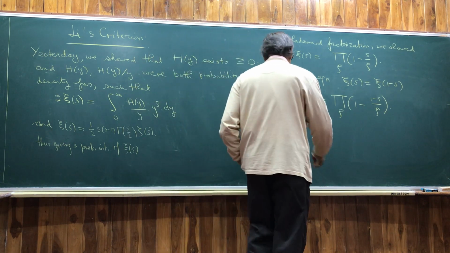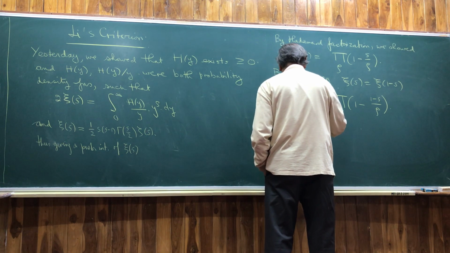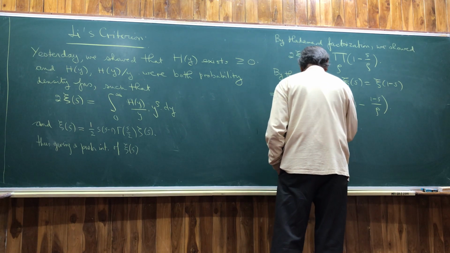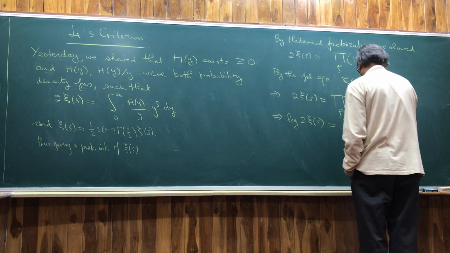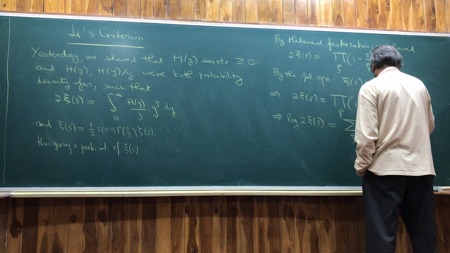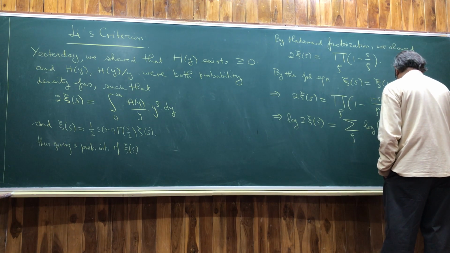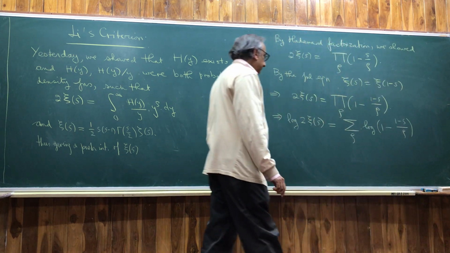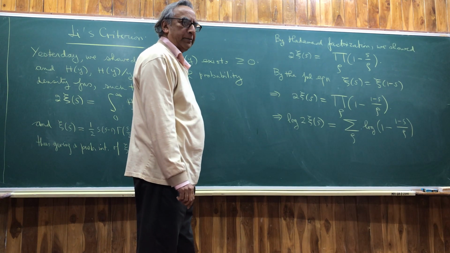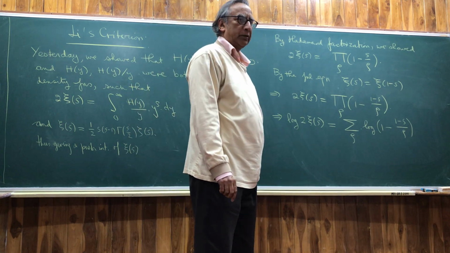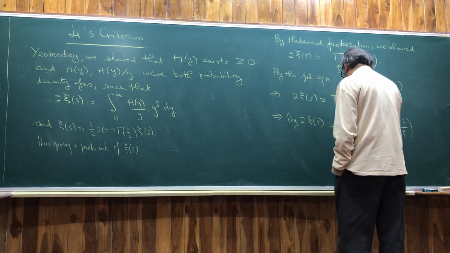And therefore, if I take logs of both sides, we would end up getting that. And then use the log expansion to get a Laurent expansion of c of s around s equals 1.